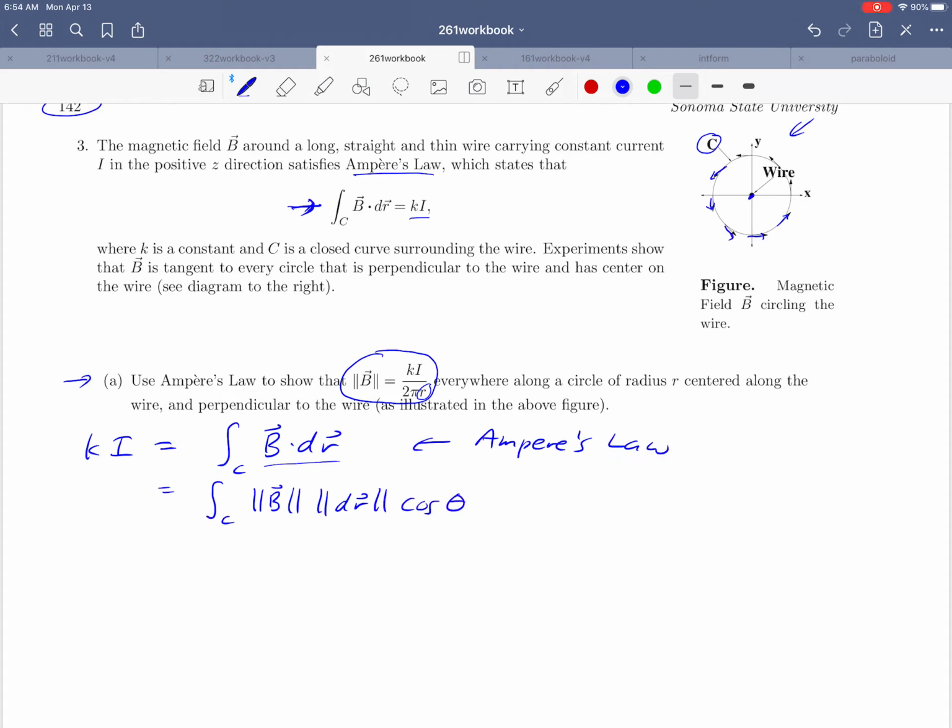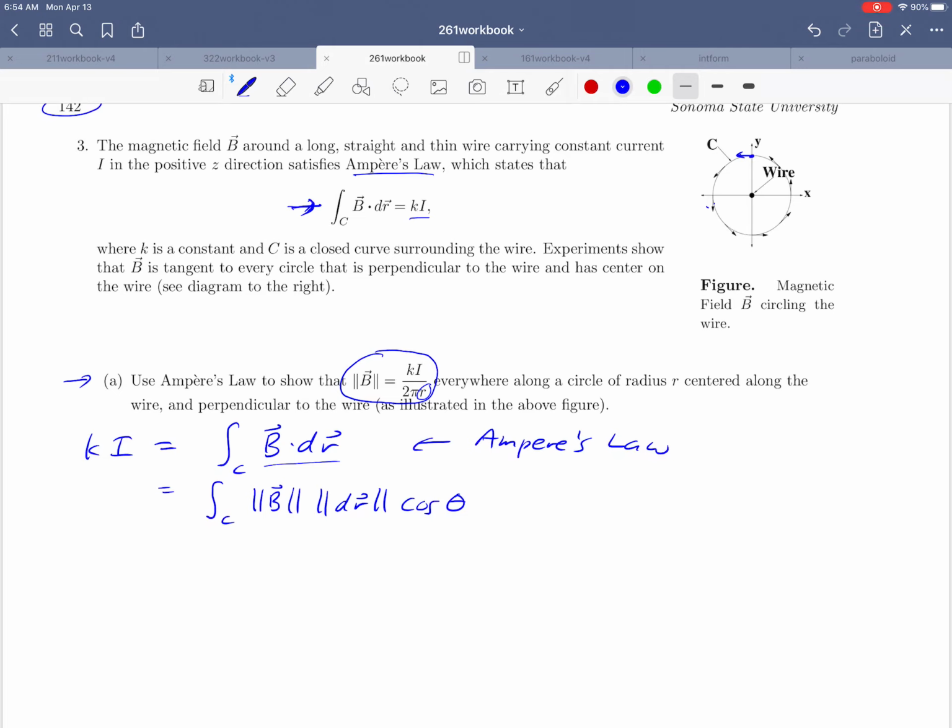And then I'd like to ask the question, what is the angle between the vectors B and dr? Let's go back to our picture for a minute here. The magnetic field vectors B are the vectors that you're seeing here. Imagine that you were standing right up at the top of this circle. dr is just a vector that's also tangent to the circle.